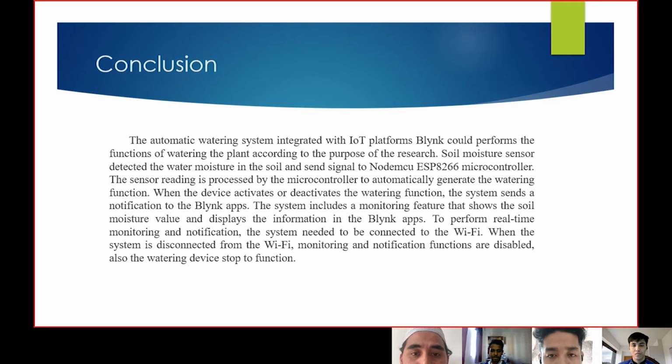Blynk could perform the function of watering the plant according to the purpose of the research. When the device detects the need for the watering function, the system sends a signal to the Blynk app. The system includes a watering feature that shows the soil moisture value and displays the information in the Blynk app. That's all from me. Thank you.